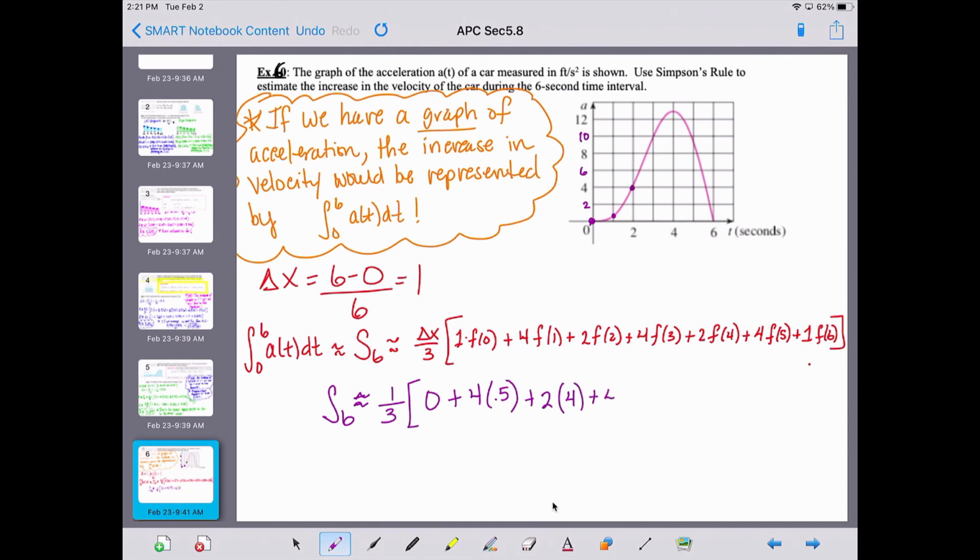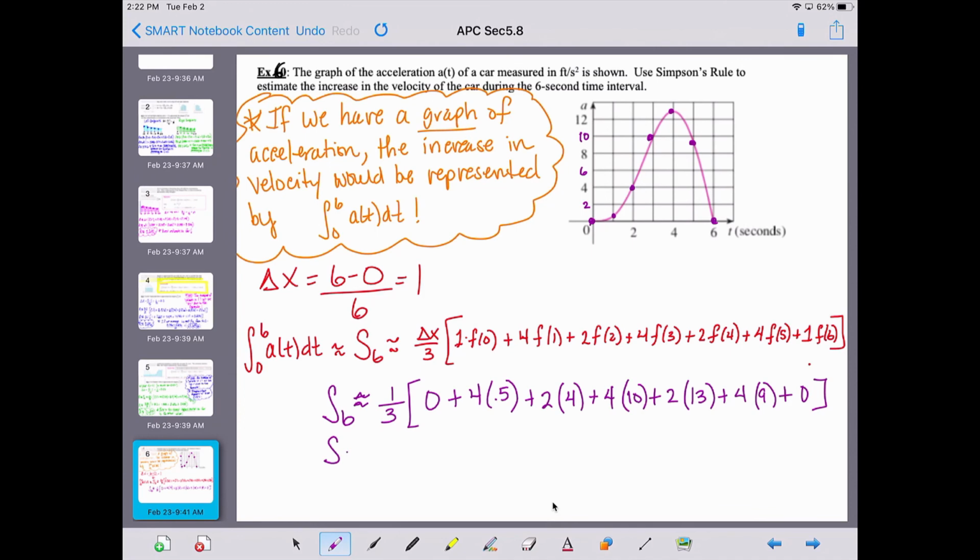That's nice. Plus 4 times f of 3, which is at exactly 10. Plus 2 times f of 4, which looks like it would be at 13. Plus 4 times f of 5, which looks like it's at about 9. Plus 1 times f of 6, and f of 6 is back at 0. Okay, so then I do the math there.